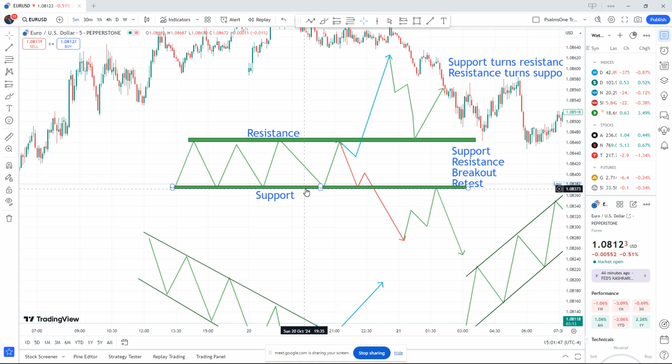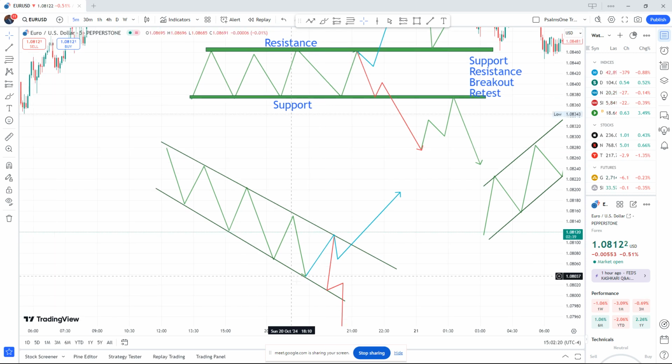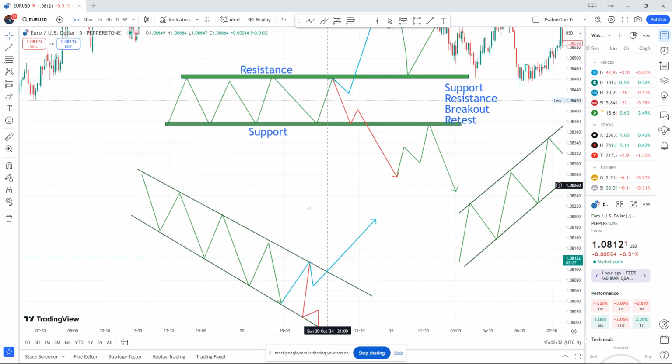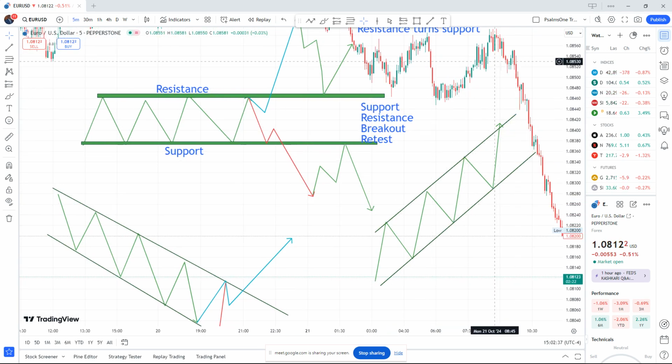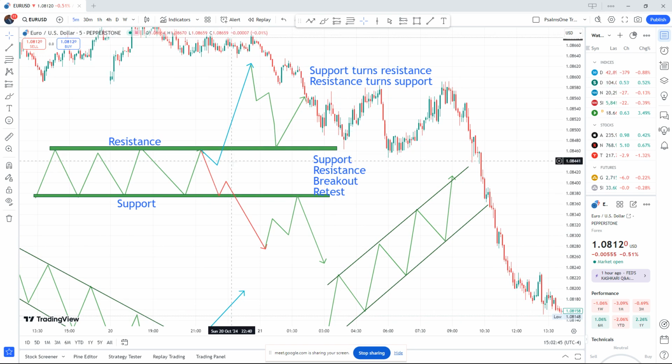It can break out towards the upward direction, or towards the downward direction. Are we still together? The same applies to the diagonal range: it can break out to the upside or to the downside, and likewise for this one.